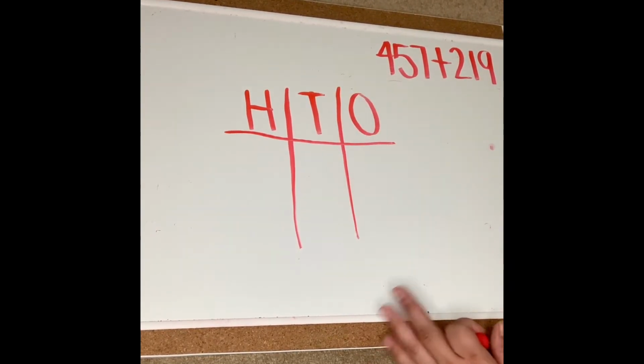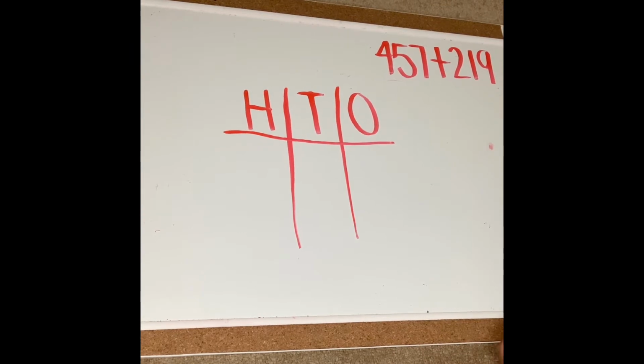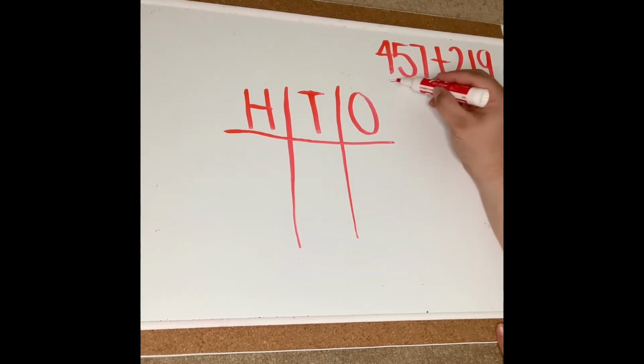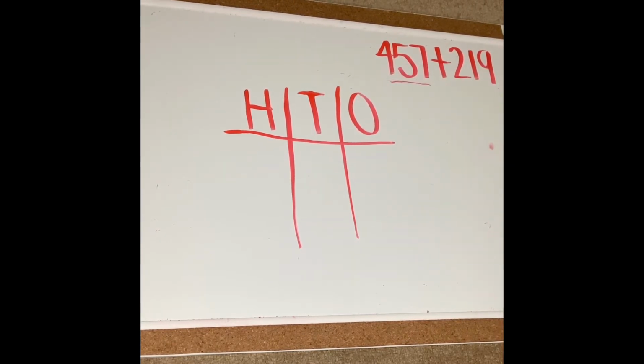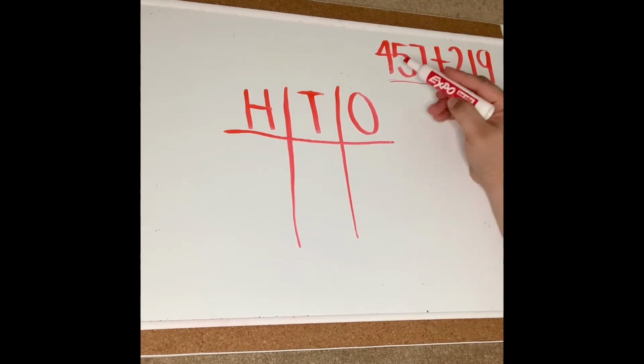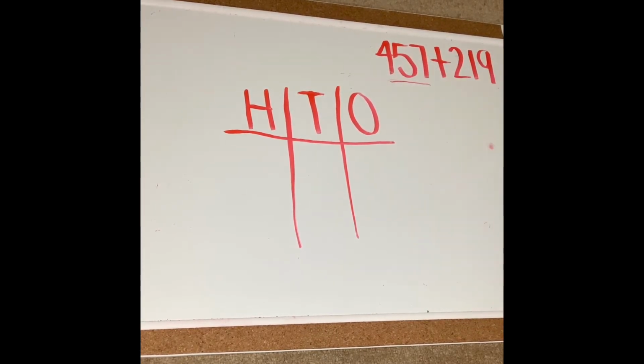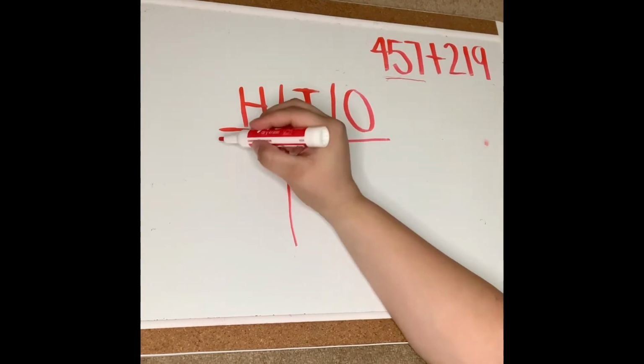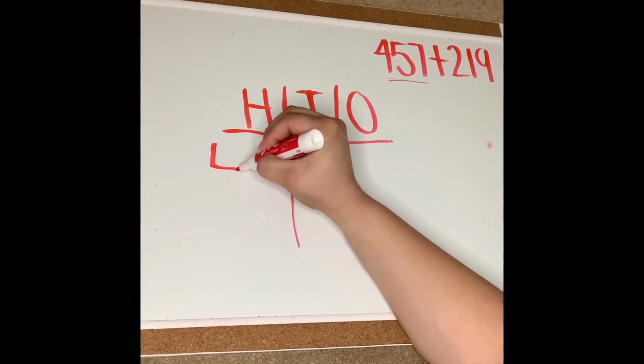Alright, now that I've drawn my hundreds, tens, and ones place value chart, I'm going to start by building my first number, which is 457. So how many hundreds are in our number 457? How many hundreds? 4. Great job. So I'm going to draw 4 squares.